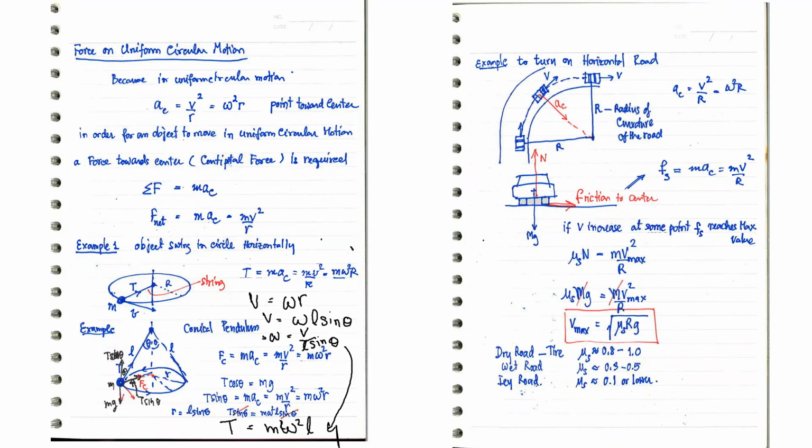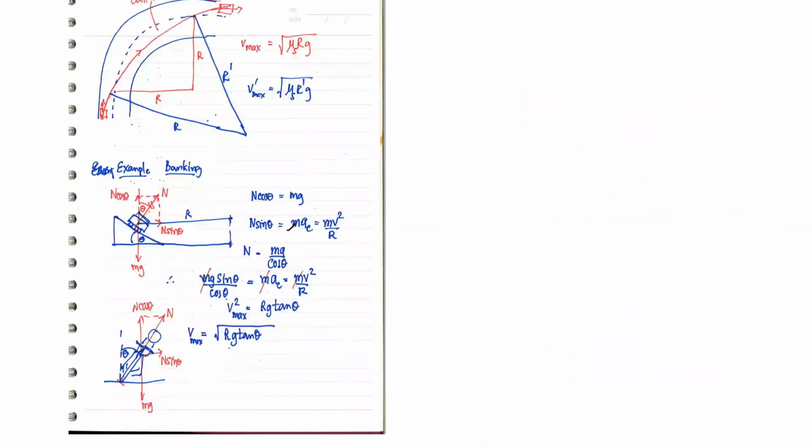And also we talked about another method of moving around the curve, and that is called the banking.